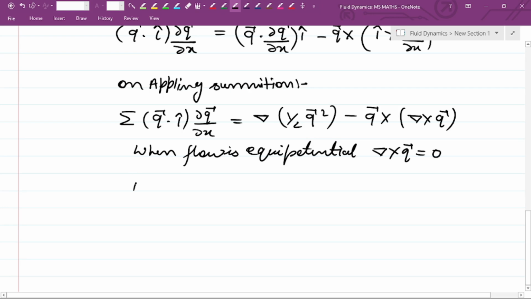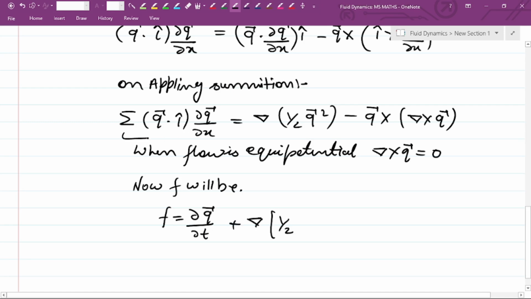Now what is your f? It is basically dou q vector over dou t plus del 1 by 2 q vector whole square minus this q vector into del cross q vector.